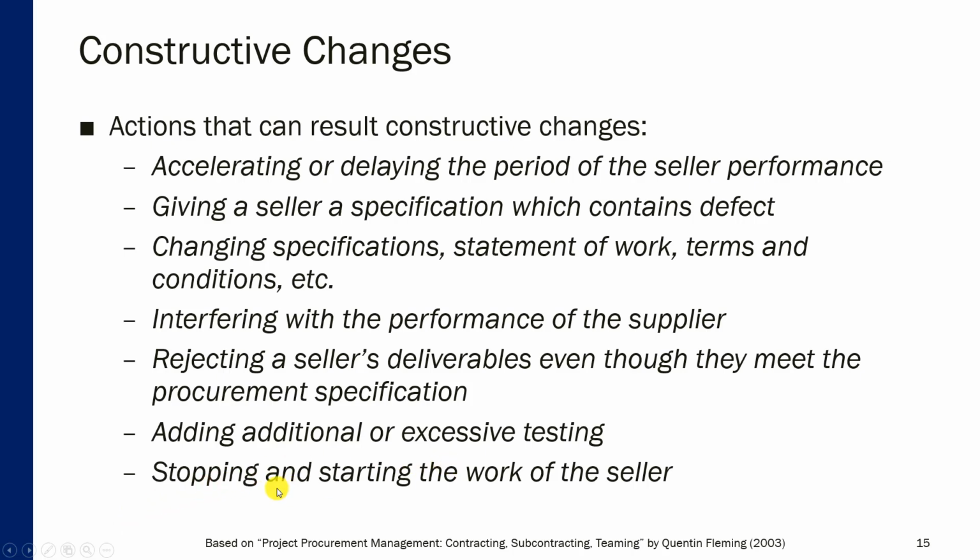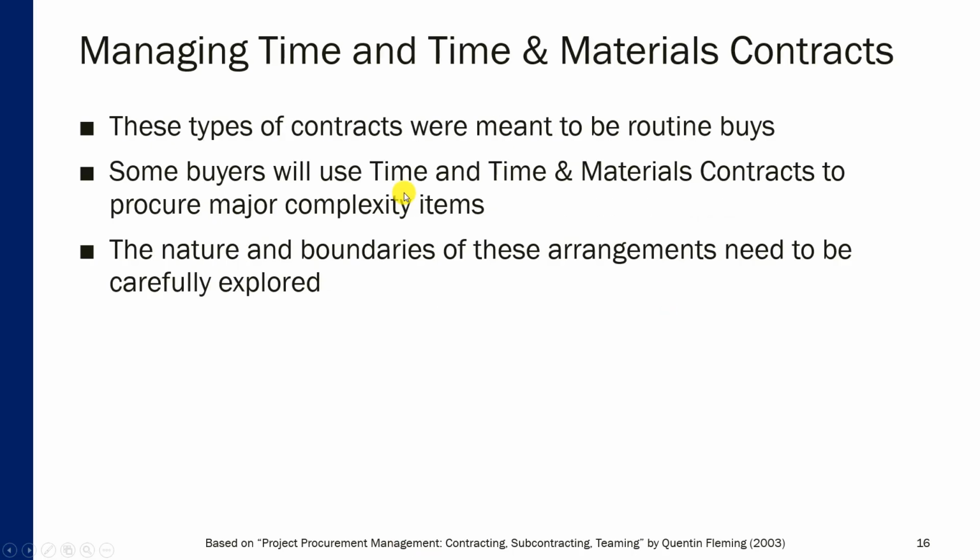Just because the work stops on the buyer side may not be an issue, but stopping the work on the seller side may create certain costs and issues, for example, related to idle capacities, let's say labor or factory capacities, also storage cost, because they need to store the things that have been already manufactured. So all those things create problems on the seller side. And if one of those things happens, then the seller may be entitled to compensation.